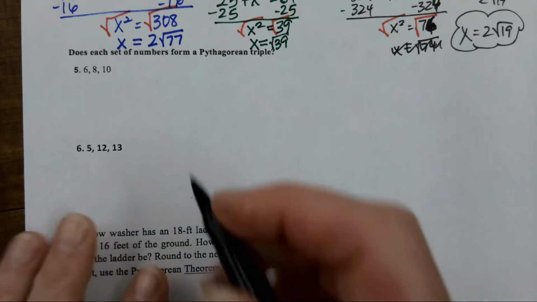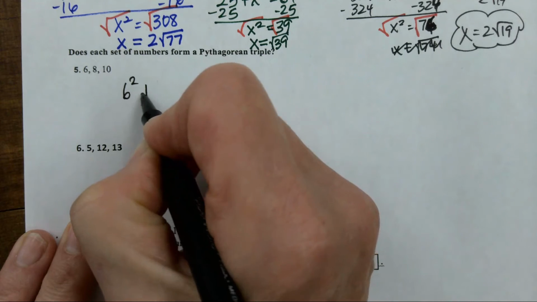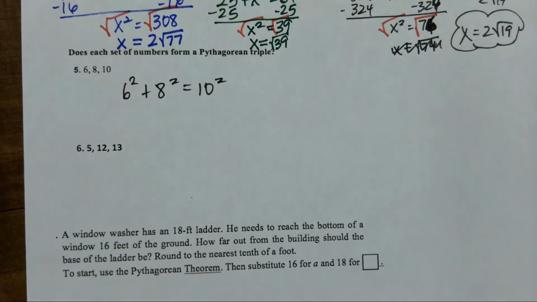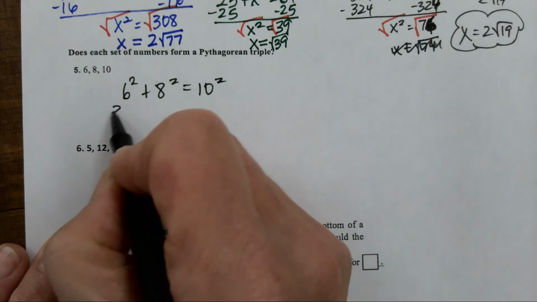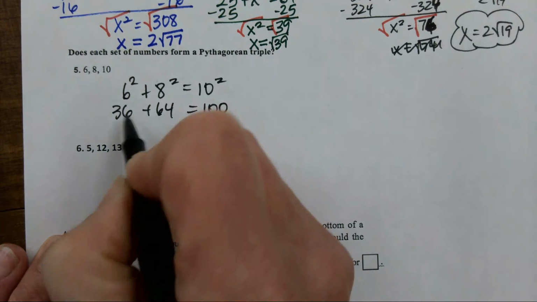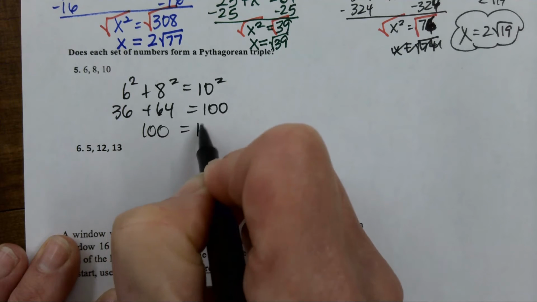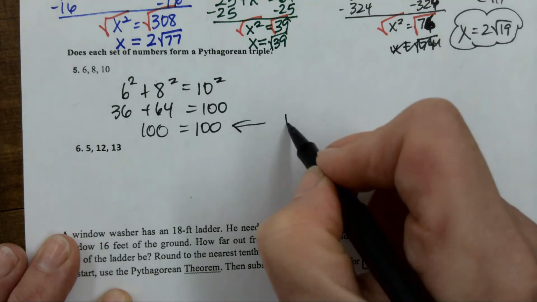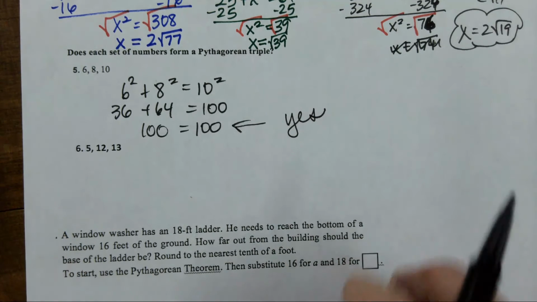Is it true that 6 squared plus 8 squared equals 10 squared? How do I know which one's the hypotenuse? It will always be the longest one. So 6 squared is 36 plus 64 equals 100. So 100 equals 100. Is this a true statement? Then yes, this forms a Pythagorean triple.